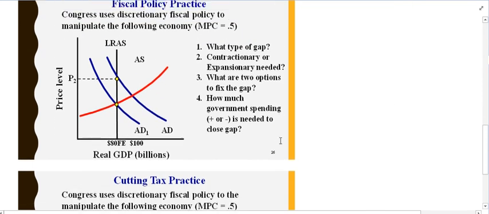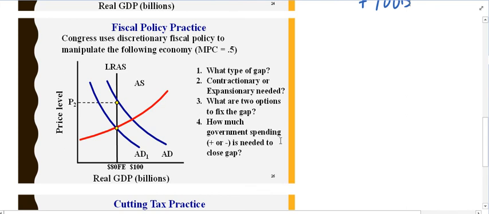Okay. All right. We're going to do the same one. We'll do this in black ink. What type of gap? You should be getting good at these, right? This type of gap right here is an inflationary gap, right? So we have an inflationary gap. Contractionary or expansionary needed? Well, we're going to contract. What are the two options?